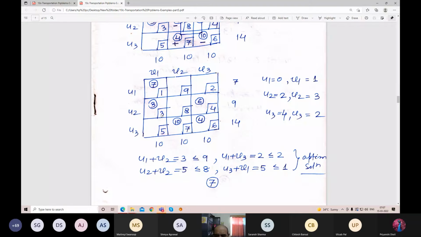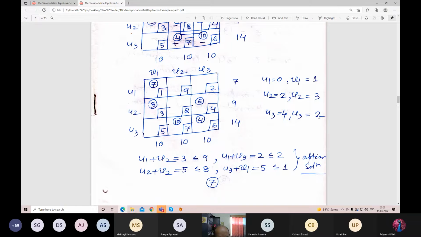B1 equals 1, so U2 equals 2. And in the same row, U2 plus B3 equals 4. U2 equals 2, so B3 equals 2.